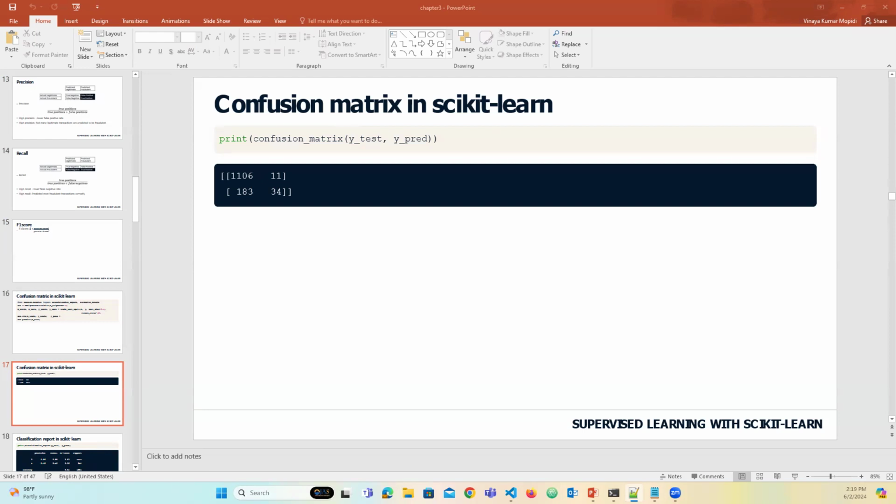So now we can see 1106 true negatives in the top left.